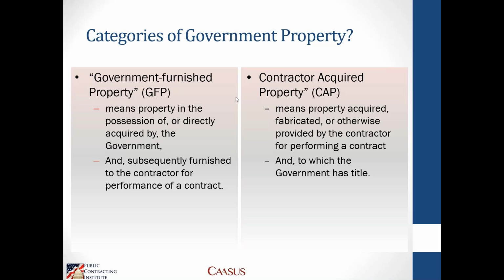So that means the government will eventually own this property that the contractor has purchased using the funds on that contract. So the main difference is the way the contractor comes into possessing the property, whether it's furnished by the government to the contractor or whether the contractor purchases it with the intent of the government owning it at the end of the contract.